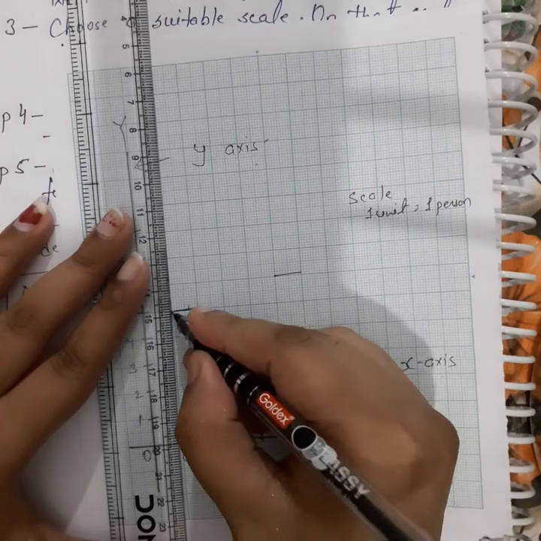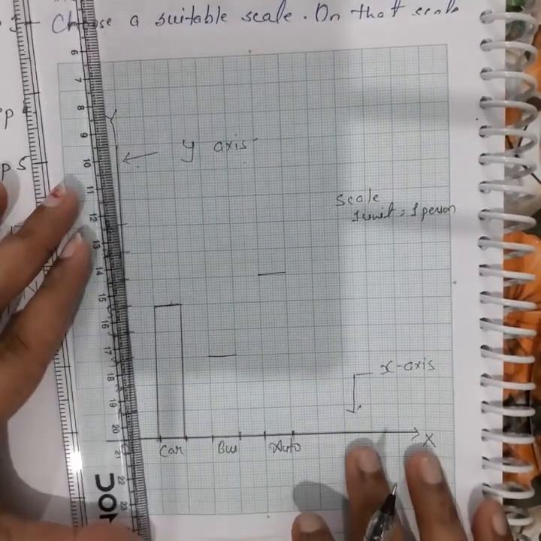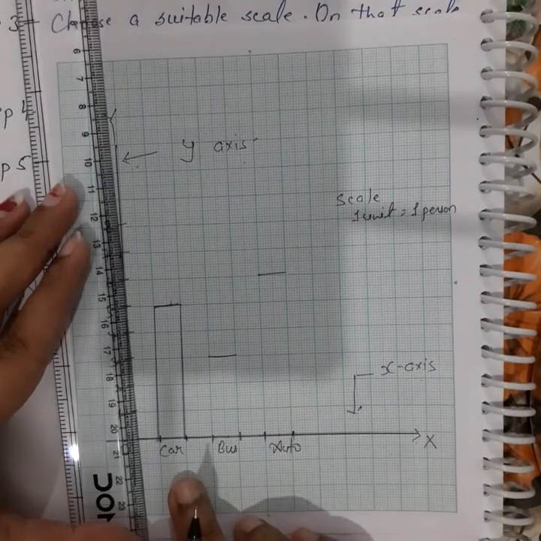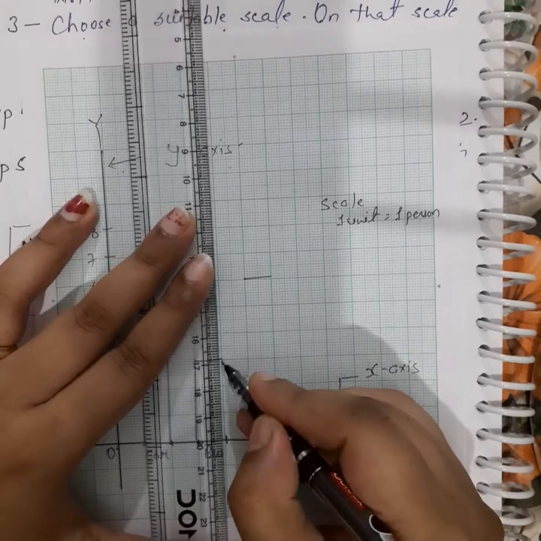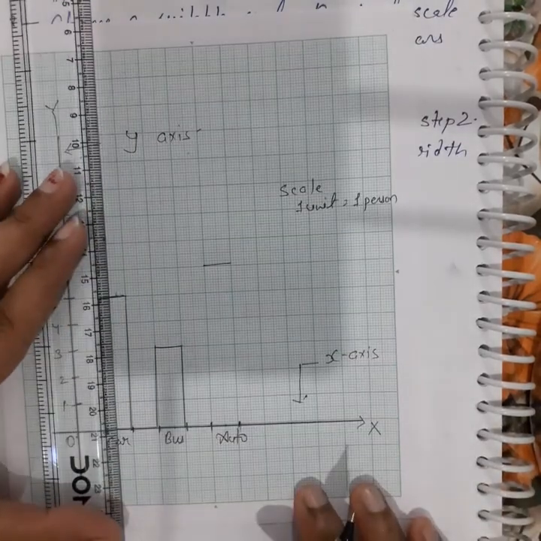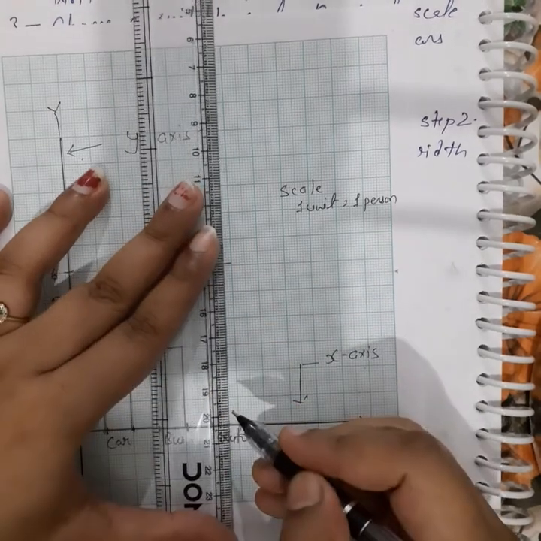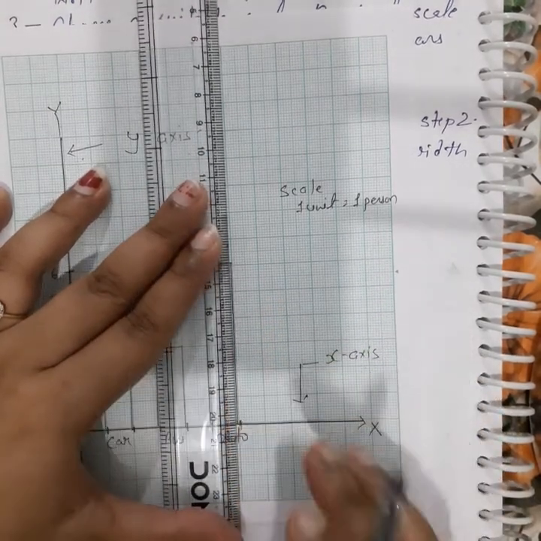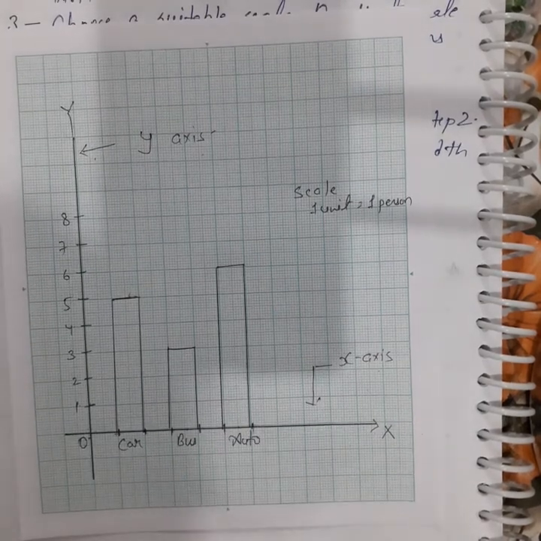Now we match here. This bar represents the number of persons who use car as a mode of transportation. This bar represents the number of persons who use bus as a mode of transportation, and this bar represents the number of persons who use auto as a mode of transportation.